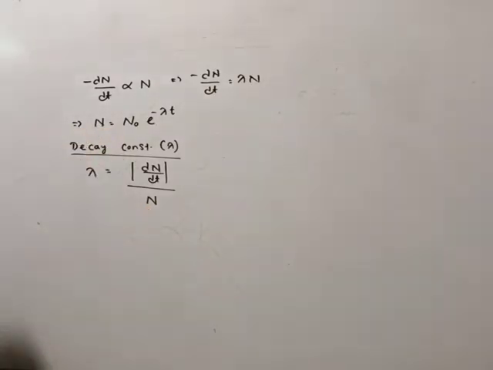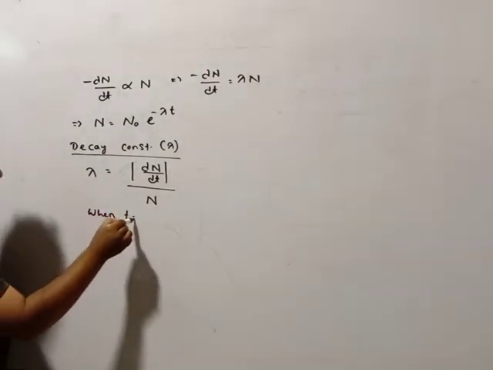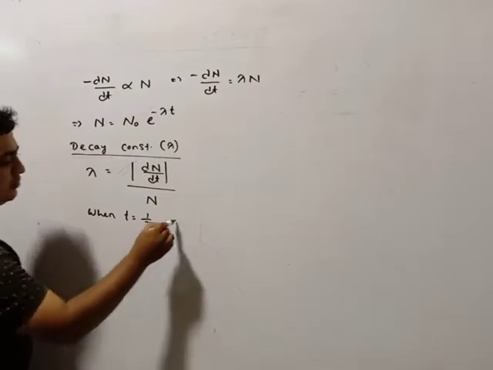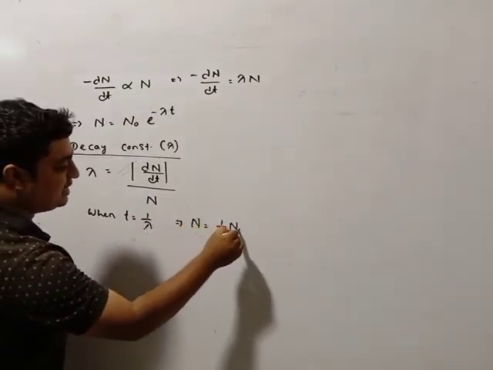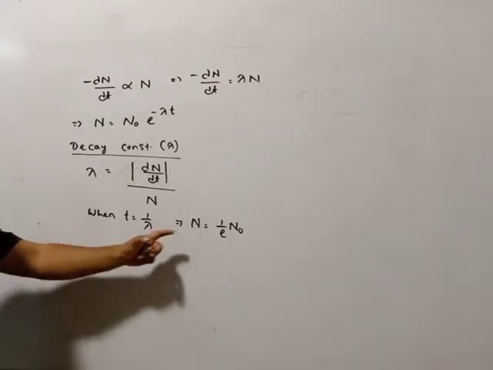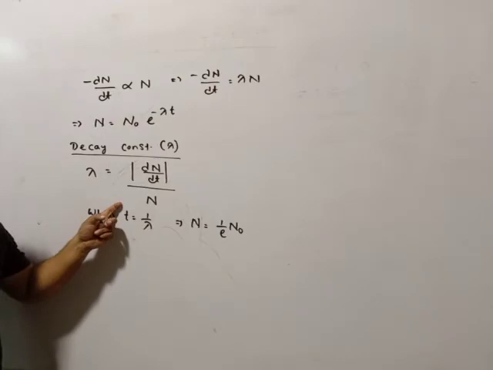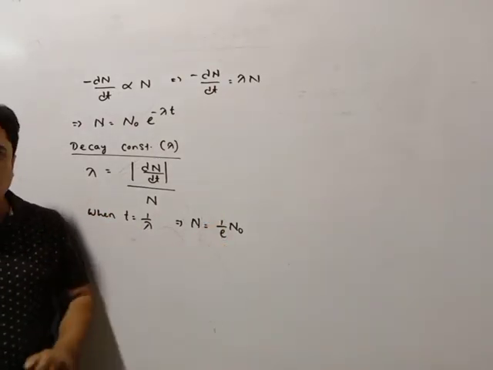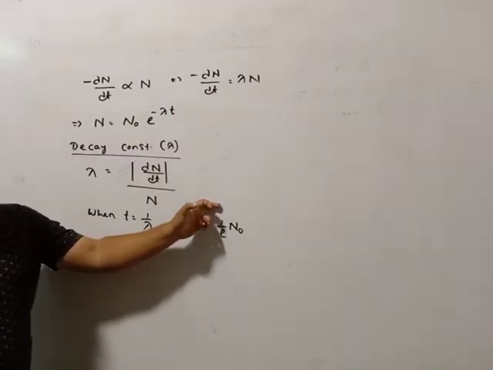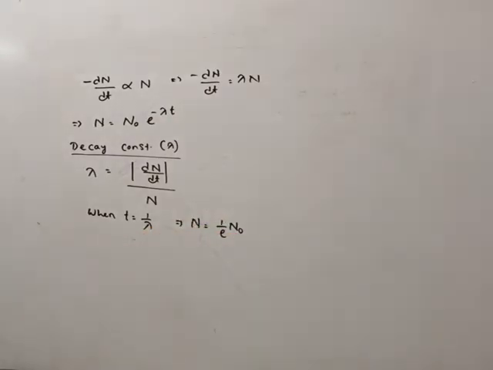Now, from the second definition, when t equal to 1 by lambda, then N equal to 1 by e times N naught. So, we can define lambda as the reciprocal of the time after which the number of radioactive nuclei reduces to 1 by e times its initial value.